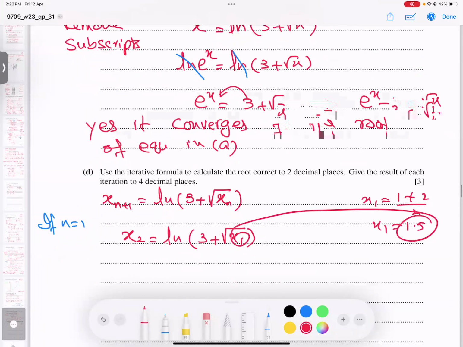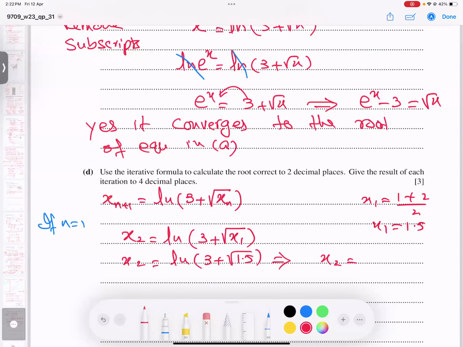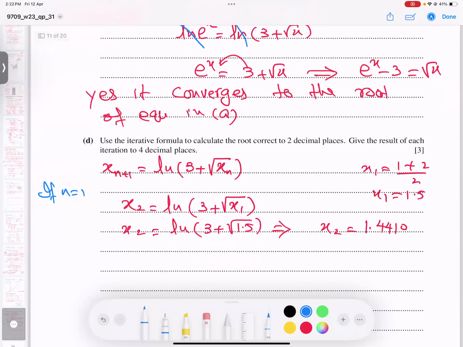This 1.5 I'm going to plug in here. I'll show you once, and I will not show it after that; I'll write answers directly. So x2, if you type it in the calculator, comes to 1.4410.